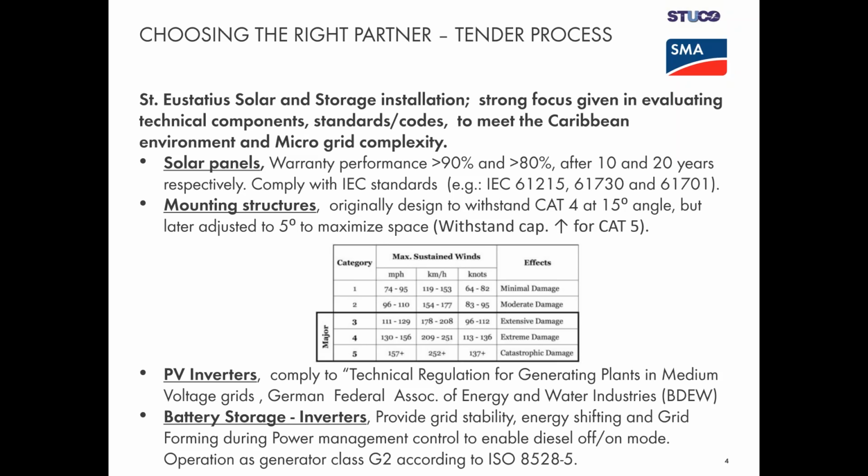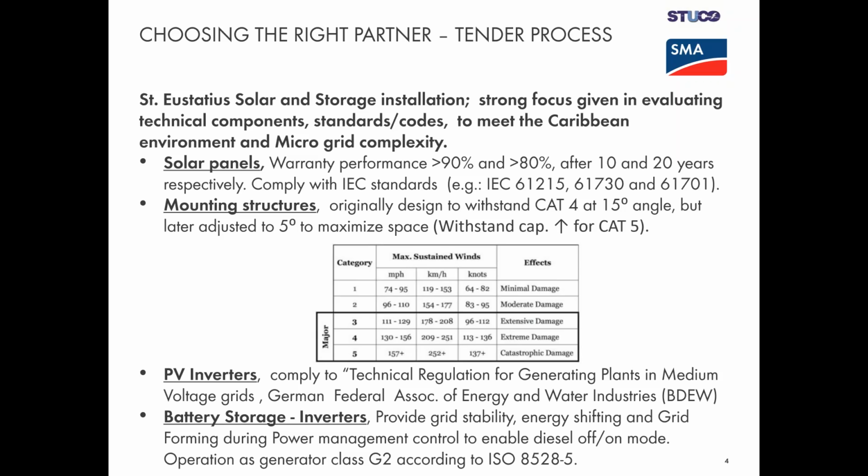The mounting structures were initially designed to withstand Category 4 hurricane force winds at a 15-degree angle, but later adjusted to 5 degrees. The main purpose of that was to minimize the space that was required, because St. Eustatius is a small island, and with the future outlook of our next phase coming, spacing was a very major concern.